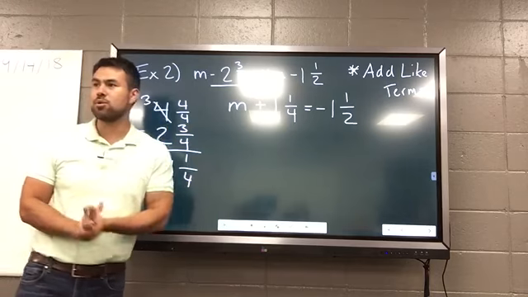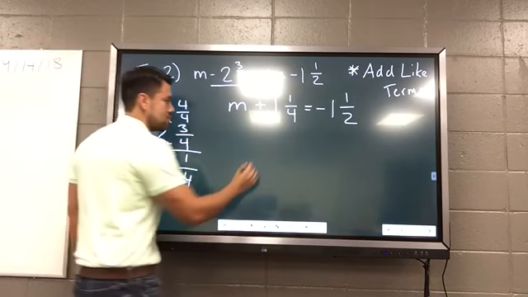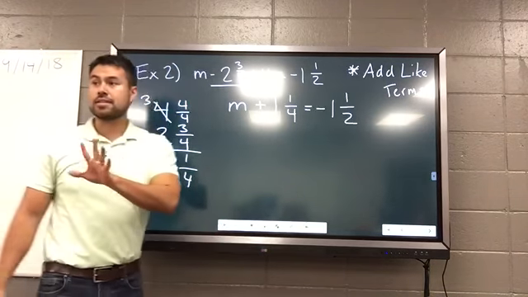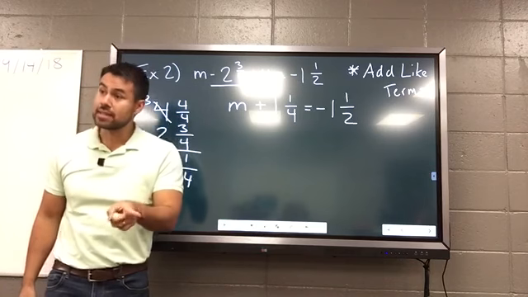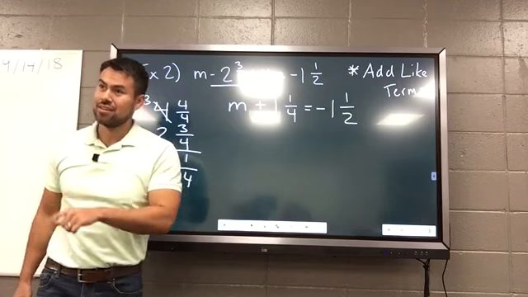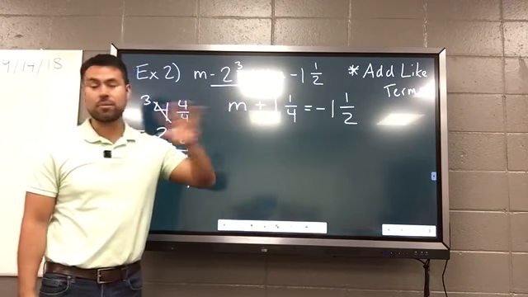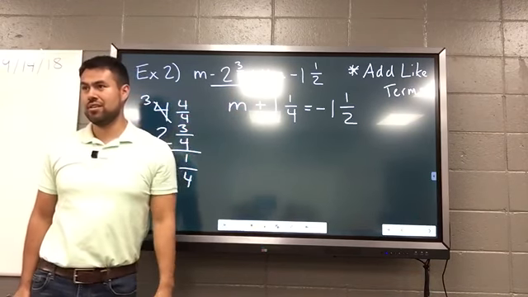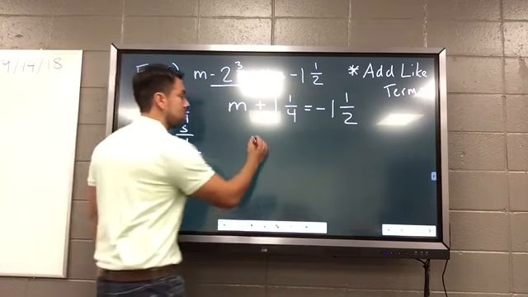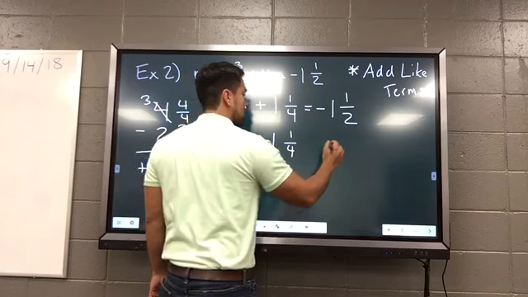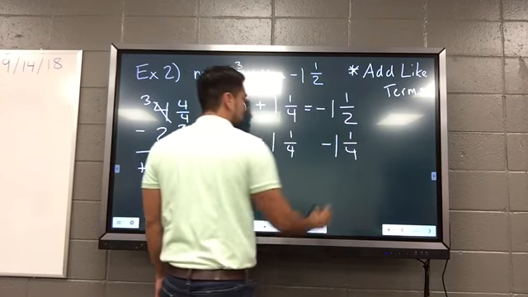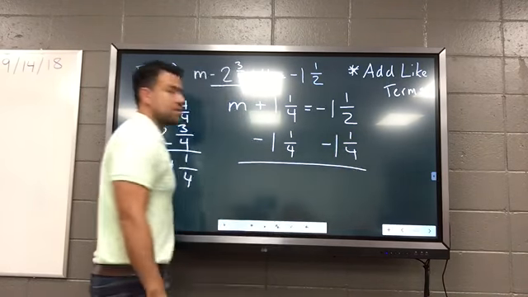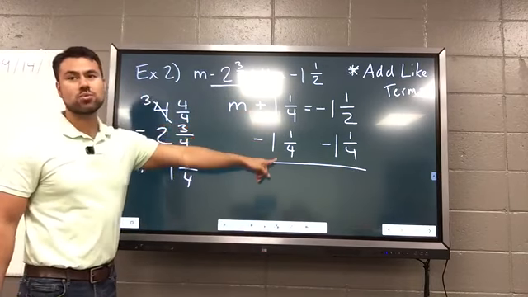So what do I subtract from both sides, Sophie? Positive 1 1/4. Yeah, it flips around, but get used to both ways. I'm going to subtract 1 1/4. All right, what's 1 1/4 minus 1 1/4?